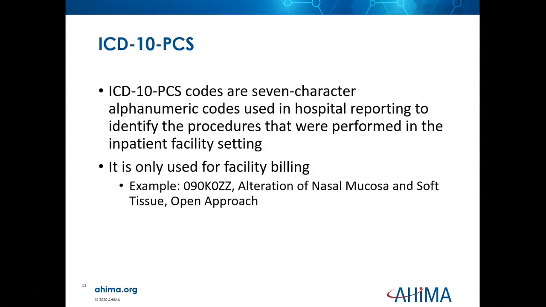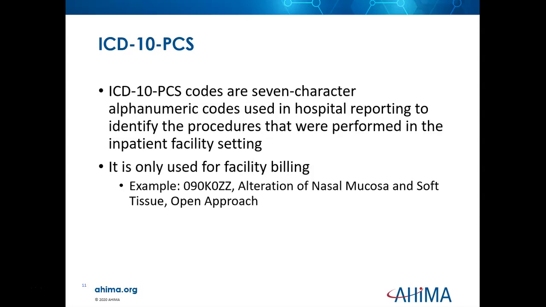Those PCS codes, they're also 7 characters long, alphanumeric, a mix of both numbers and letters, used to report a procedure performed in an inpatient facility setting. You only use these for facility billing. You don't use these for professional billing.